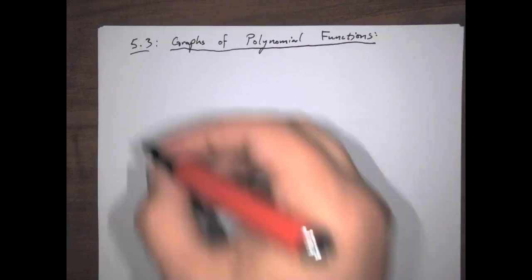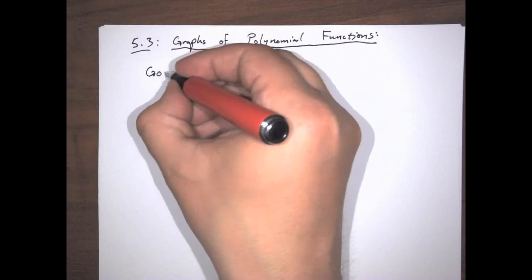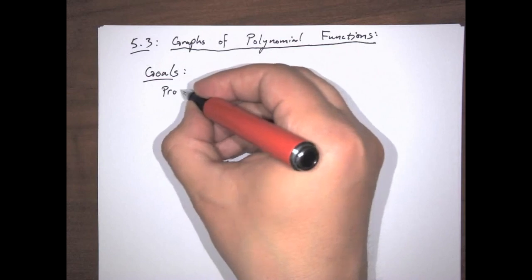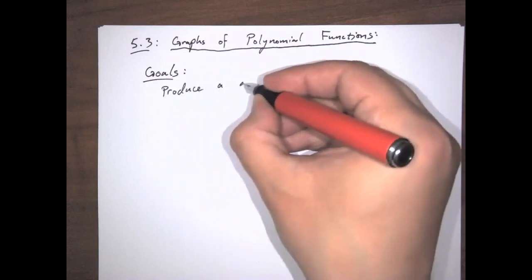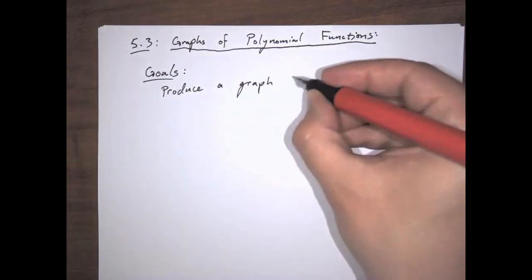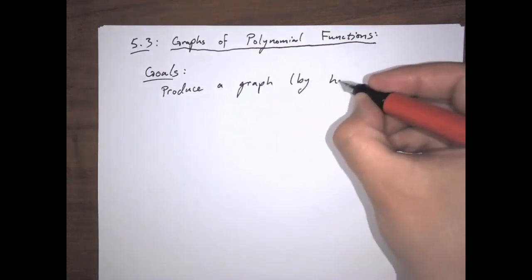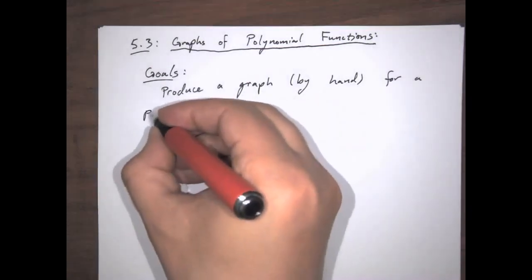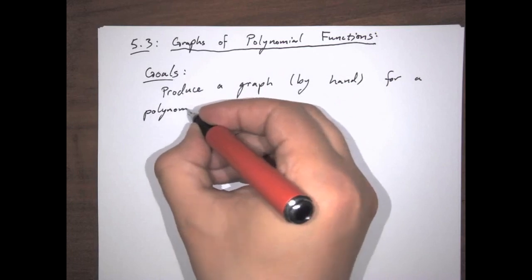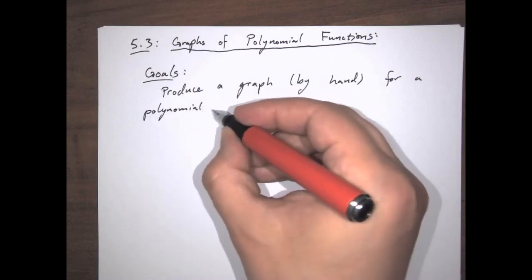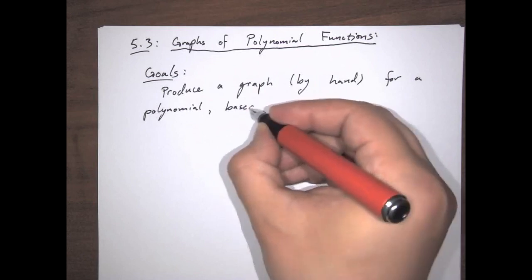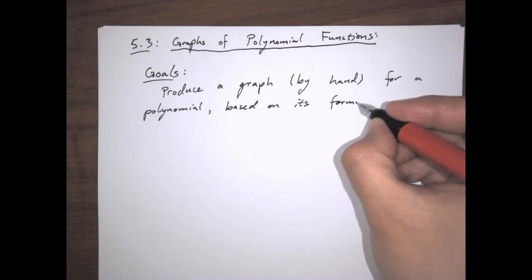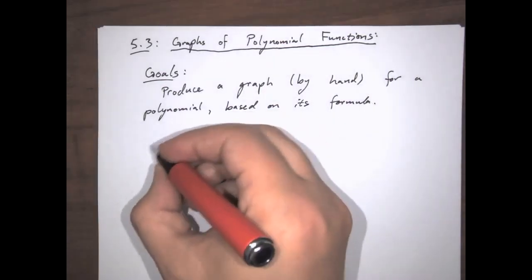So first off, let's just state our goals here. Our goals: produce a graph by hand for a polynomial based on its formula, or vice versa.